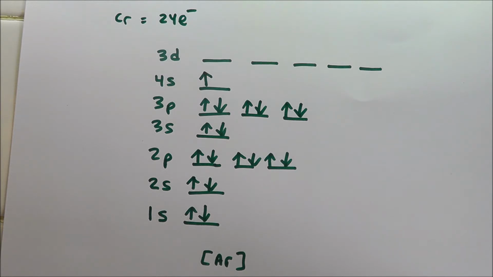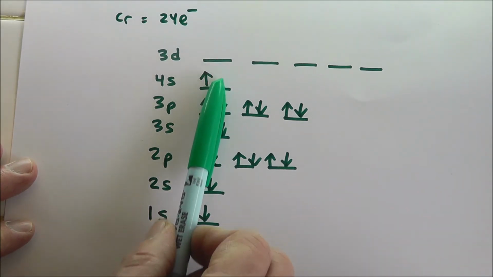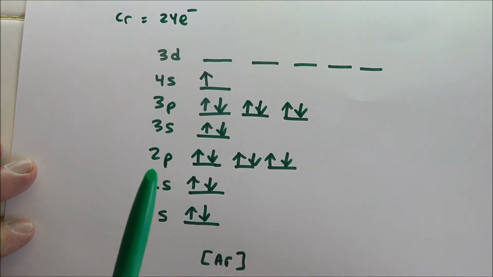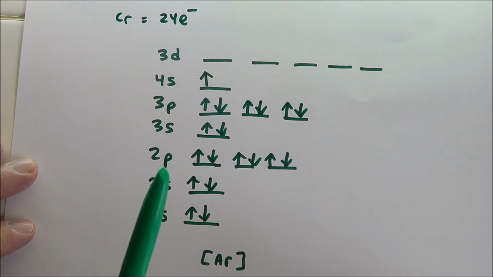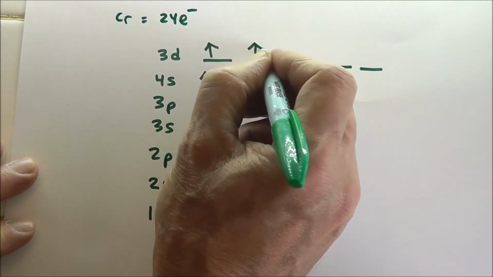That's the 19th electron. Where's the 20th going to go? Well, you'd say it would go there because it takes less energy for it to do that and then it can remain unpaired. Well, that's not actually true. So with chromium, you're going to find out that the next remaining 5 electrons go there like that.